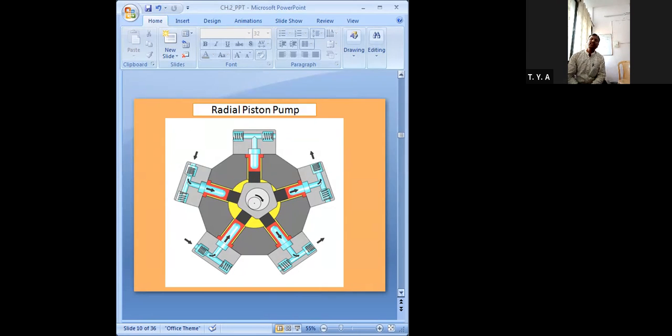Another advantage is that they can handle oils in a wide viscosity range. They can handle liquids containing vapors and gases also. They can operate with variable delivery of the liquid. Another advantage is that they are self priming pumps, so there is no need to provide an external device for priming.